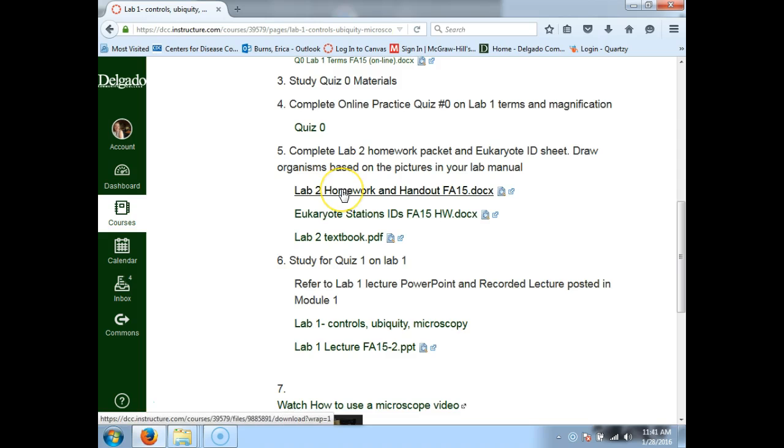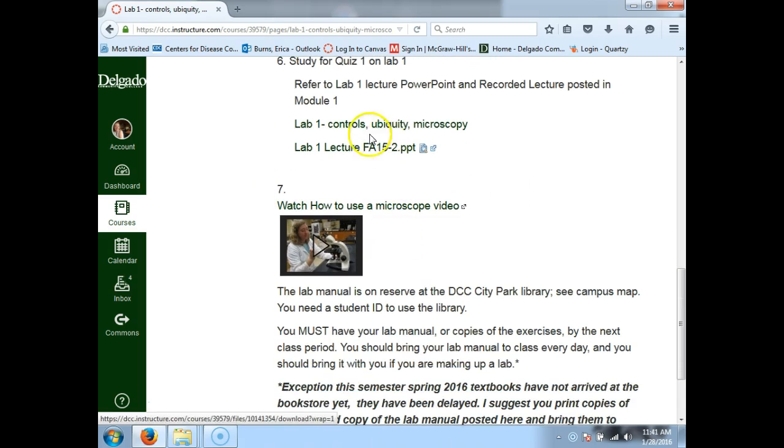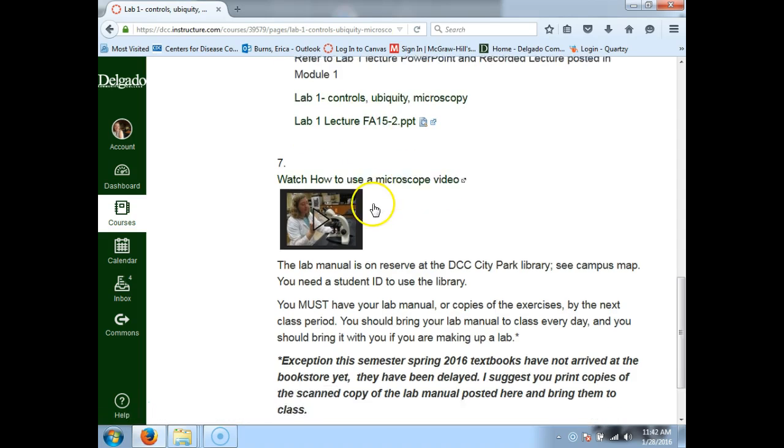And you were to complete the lab 2 handout and draw the organisms based on the pictures in your lab manual on the eukaryotic ID sheet. And then here is the lab manual to help you do that. And then, of course, study for quiz 1, which hopefully you guys did. And this was the link to the lecture, and then the recording was there as well.